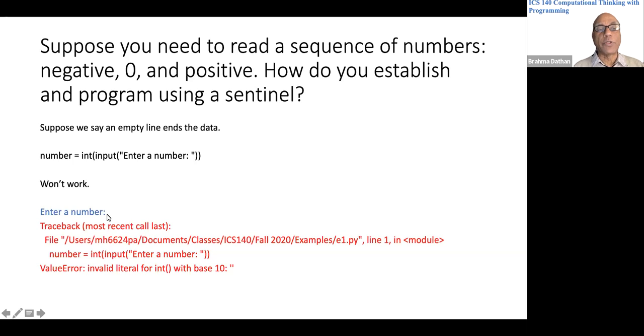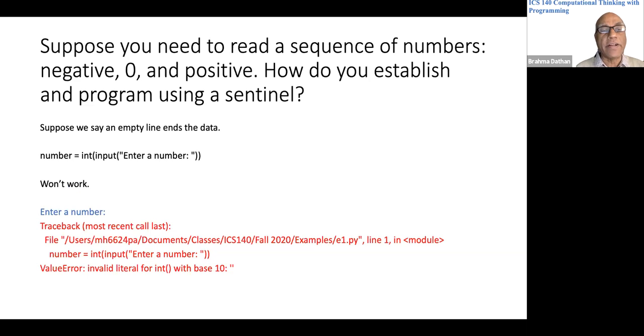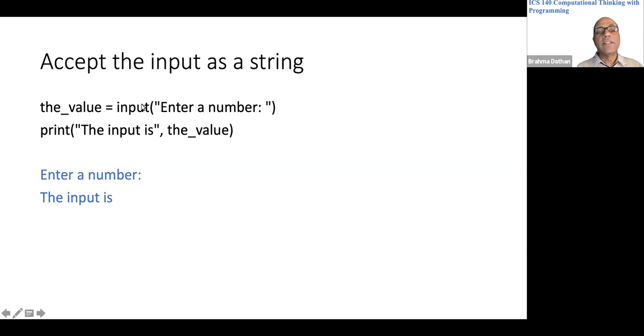So what is the solution? The solution is to read this input as a string. If you don't convert the input to an int, unlike here, on top of the input, where we are converting that input to an int, you can enter an empty string. You can afford to not type in anything and hit the enter key.